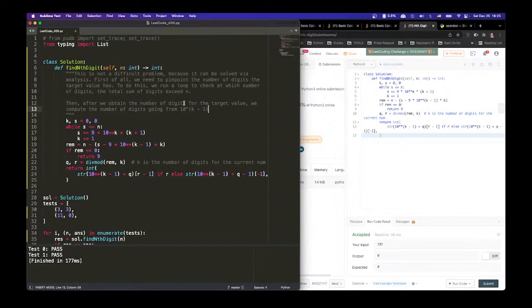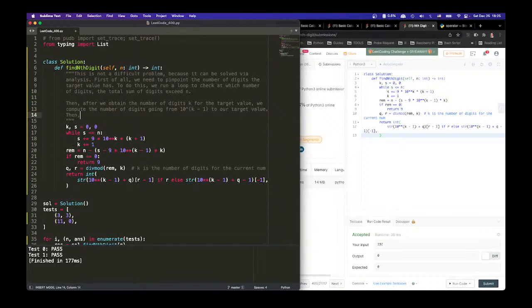After we obtain the number of digits k, then we compute the number of digits going from this to our target value.